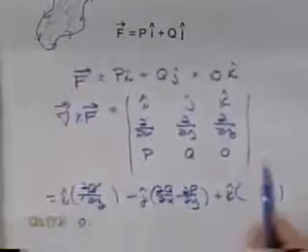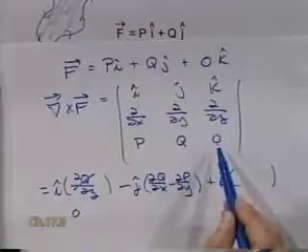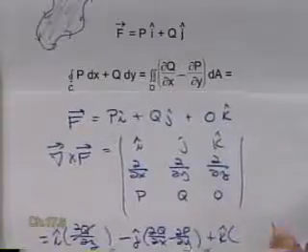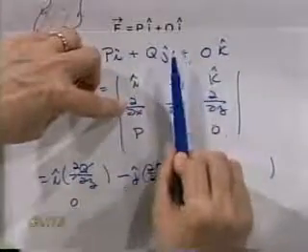Now what's the problem? Partial of 0 with respect to x if we're doing the j column. Partial of 0, the j column. Okay.